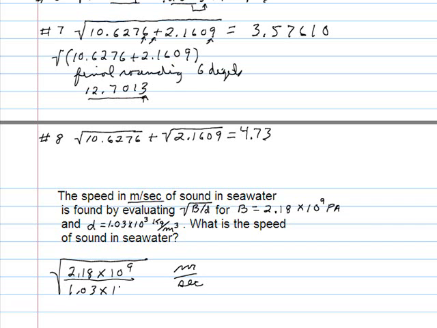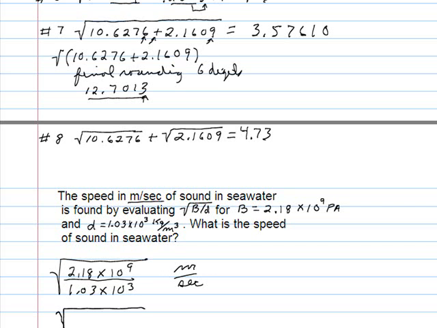1.03 times 10 cubed. And recall back when we were doing scientific notation that we said normally the notation we like to use is the E notation. So if I put this into my calculator in E notation, here's what it would look like.